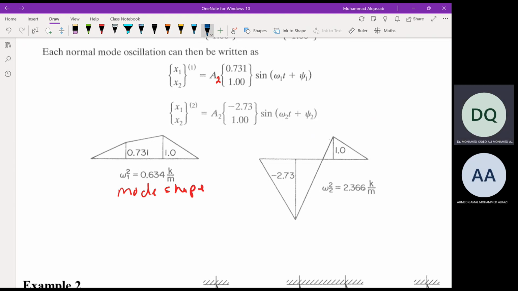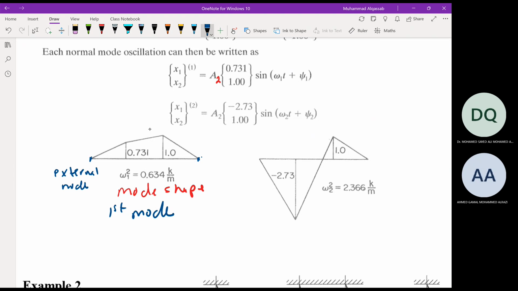Okay, so for the mode shape, for the first mode, we have those nodes, external nodes, because the springs are fixed here, and this is also external, which is that x1 and x2 here are always 0.